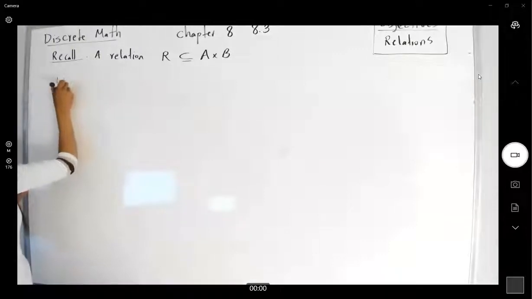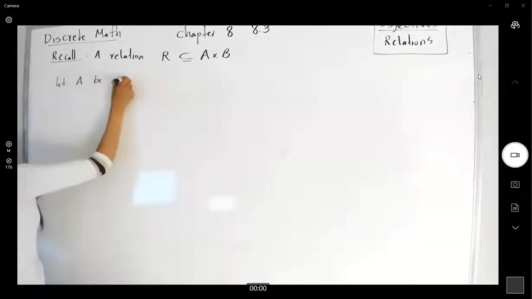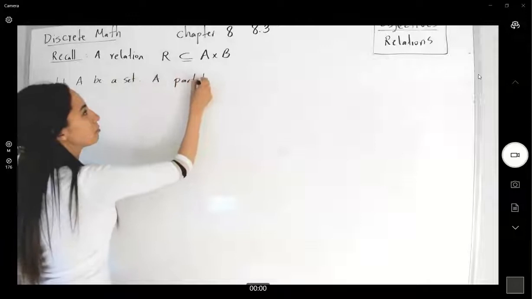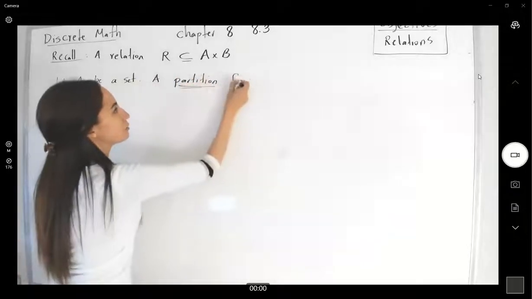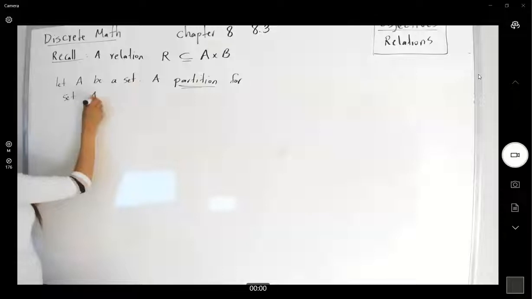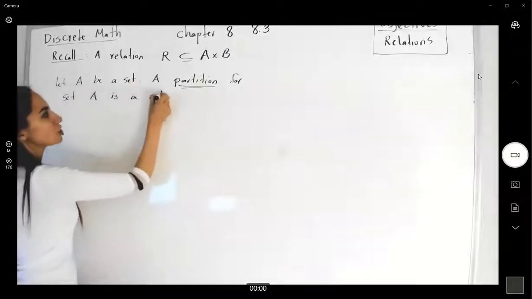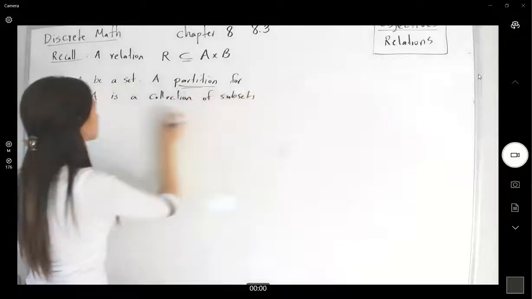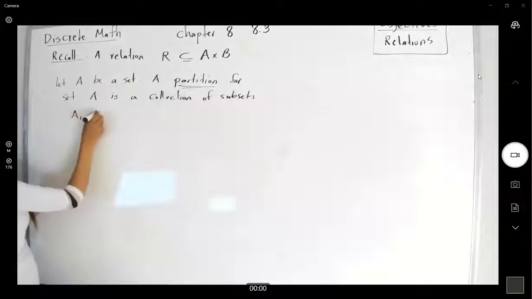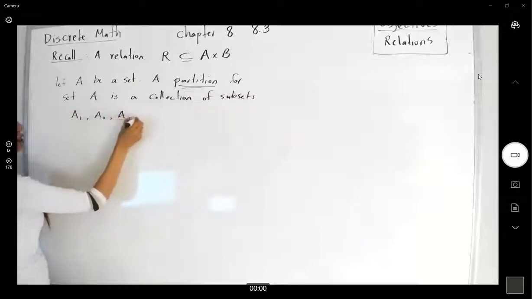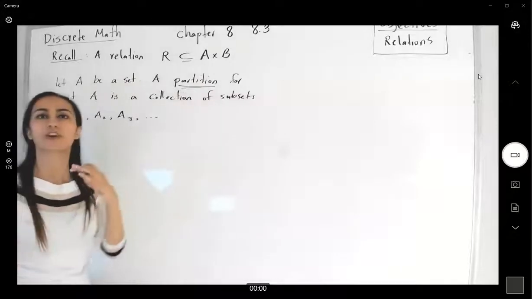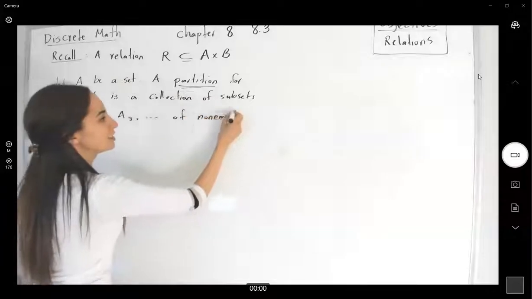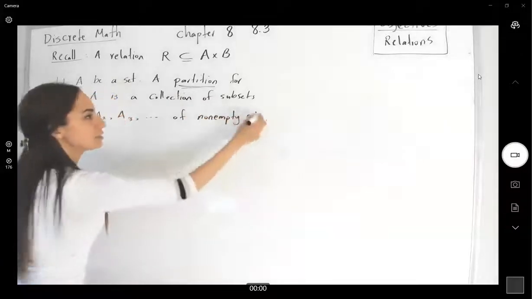So let A be a set. A partition for set A is a collection of subsets A sub 1, A sub 2, A sub 3, and the rest of them, which are non-empty sets, with these two conditions.